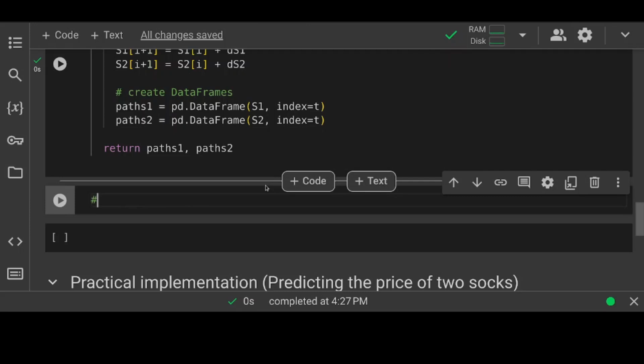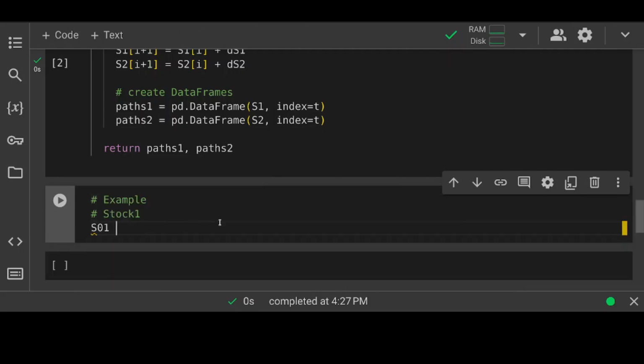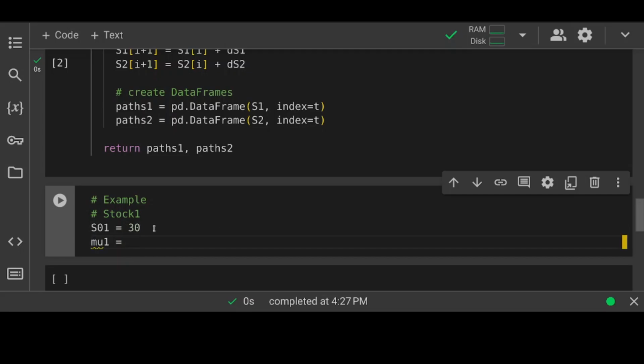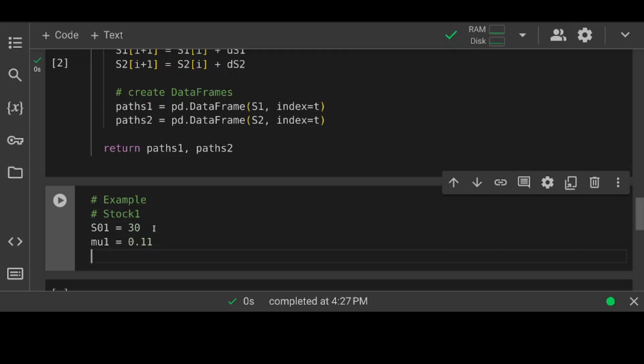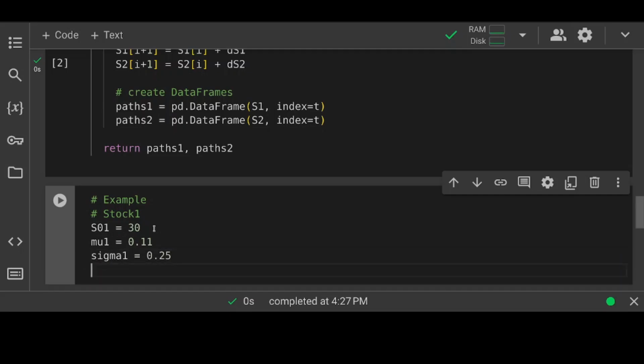Now let us consider an example. The initial price for the first stock is equal to 30, and the expected return for this one, just this, is for the purpose of demonstration. Volatility is also equal to, let's say, 25%.